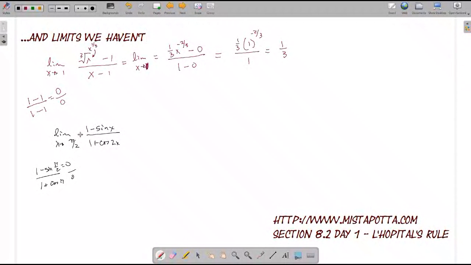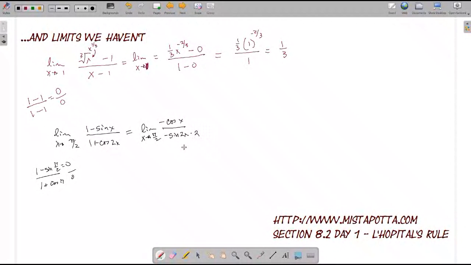So the limit of f of x over g of x as x approaches pi over 2 should be equal to the limit as x approaches pi over 2 of the derivative. So I need to take the derivative of this numerator, which is negative cosine x, and I need to take the derivative of the denominator, which would be negative sine of 2x times 2, because of the chain rule.